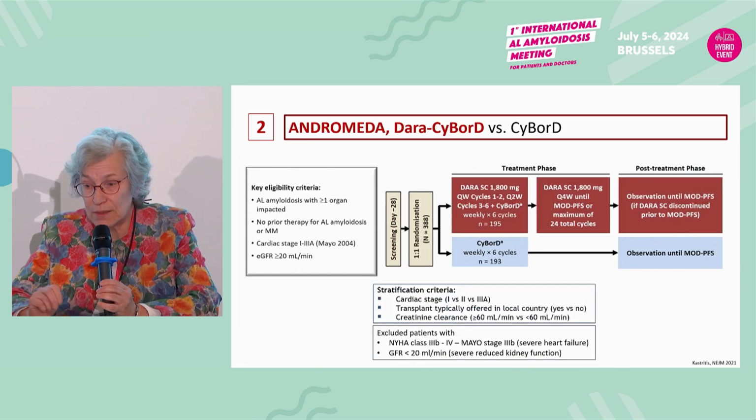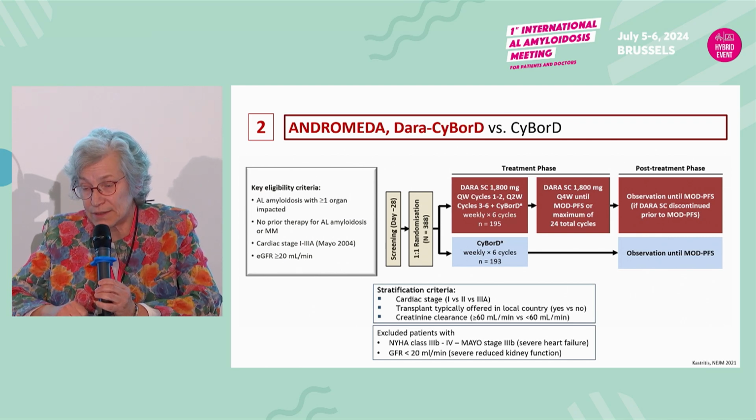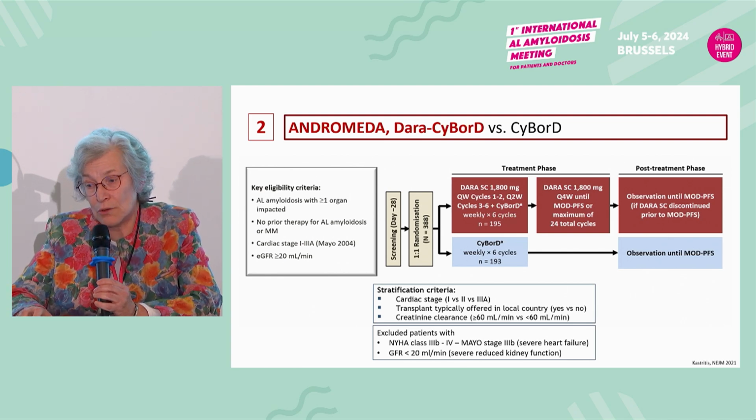So the treatment that has revolutionized the management of amyloidosis patients is the Andromeda study with the DARA-CyBorD treatment. Of note, this treatment was not foreseen for patients with class 3B AL amyloidosis, as well as patients with glomerular filtration rate below 20 milliliters per minute.